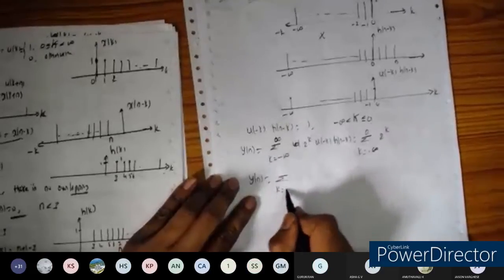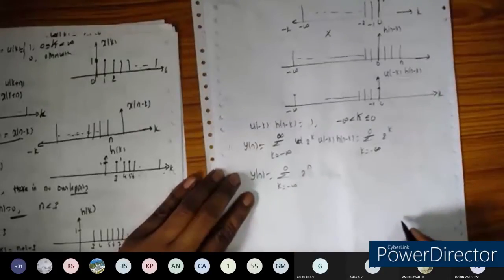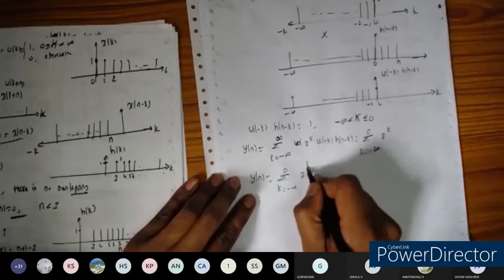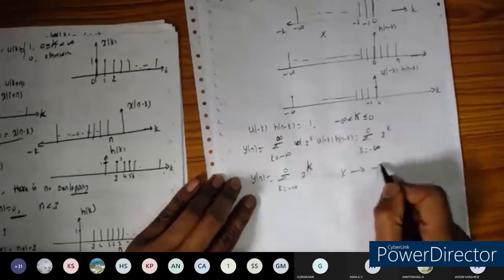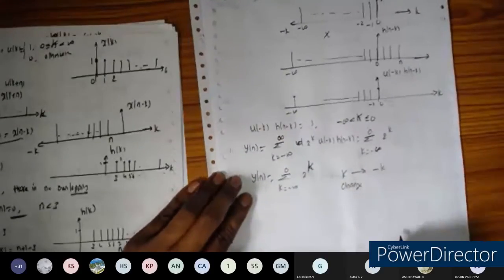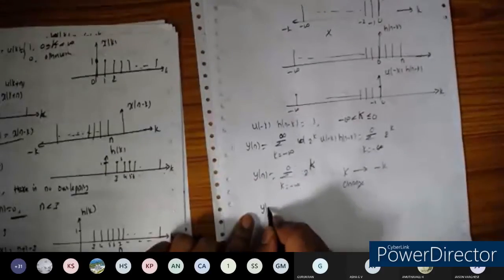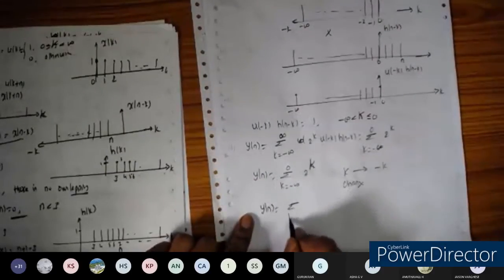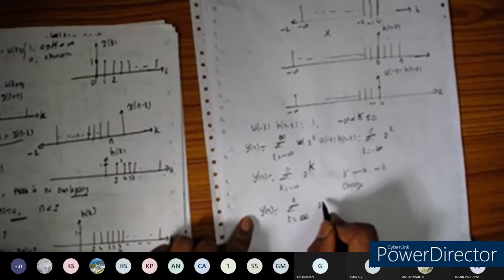Summation k equals minus infinity to 0, 2 to the power of k. Change k to minus k. Then y of n is equal to summation k equals 0 to infinity of 2 to the power of minus k.